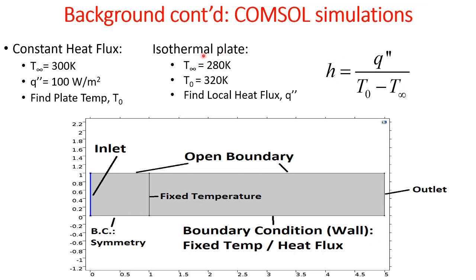Likewise for the isothermal plate, the free stream temperature is 280 Kelvin, the plate temperature is 320 Kelvin, so we know delta T on the bottom. I'll have COMSOL calculate the local heat flux q double prime, then h is closed. We can solve for h.